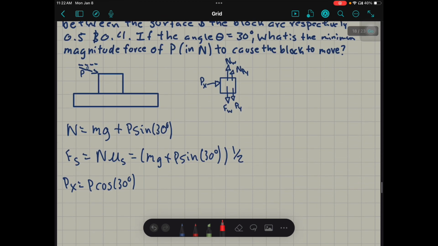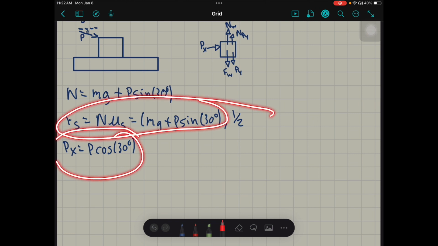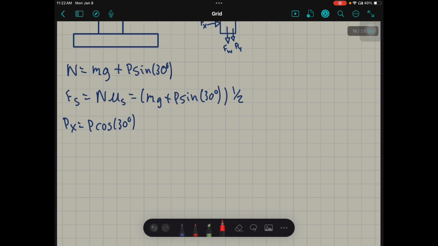To get this line, we can use cosine, which is adjacent, this line over the hypotenuse. From there, we can rearrange the equation to where this is greater than this, because that's what's causing it to move.